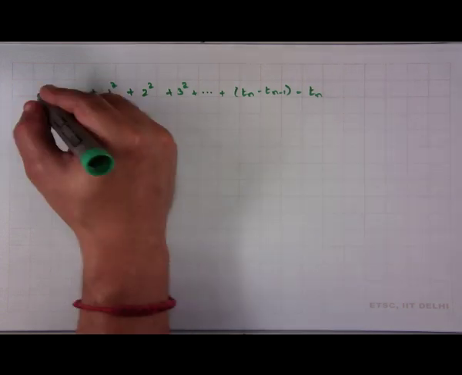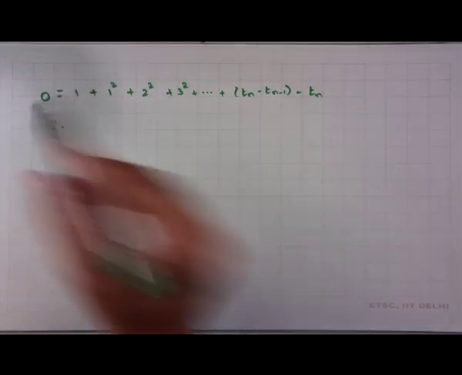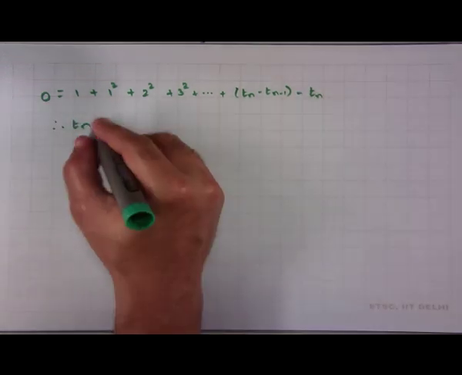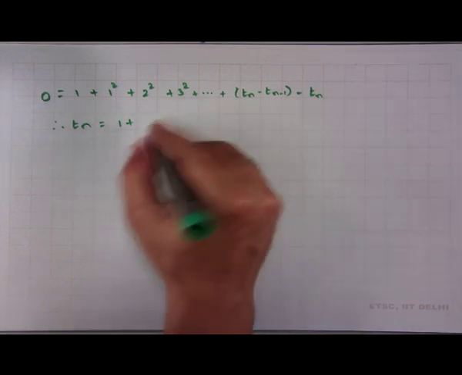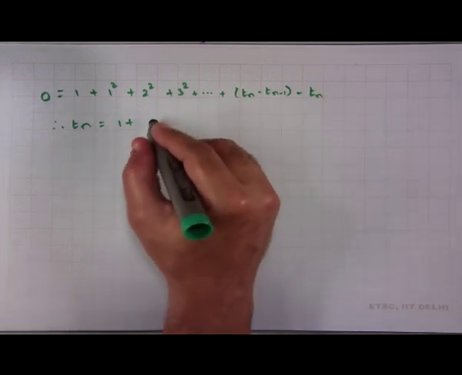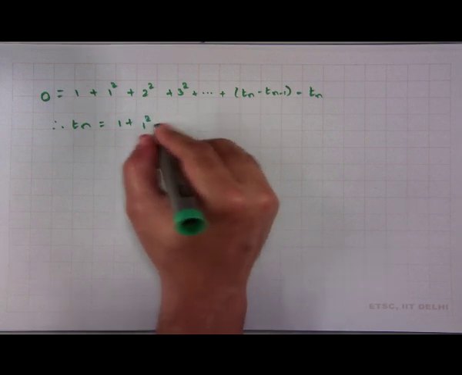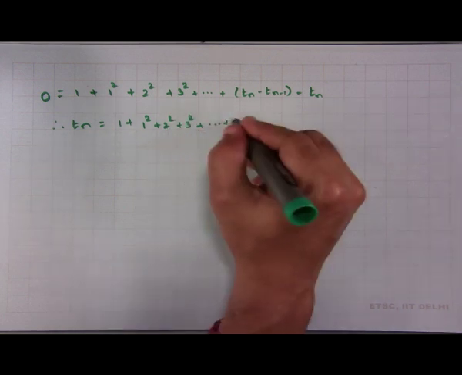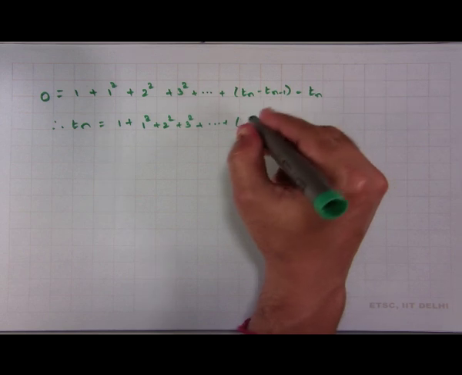So the left hand side is 0 and I have this as the right hand side. Let me bring this Tn to the other end: Tn is 1 plus 1 square plus 2 square plus 3 square up to (n minus 1) square.